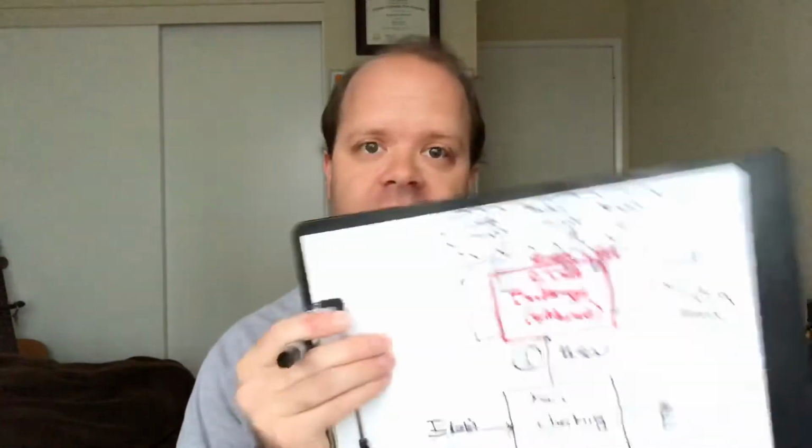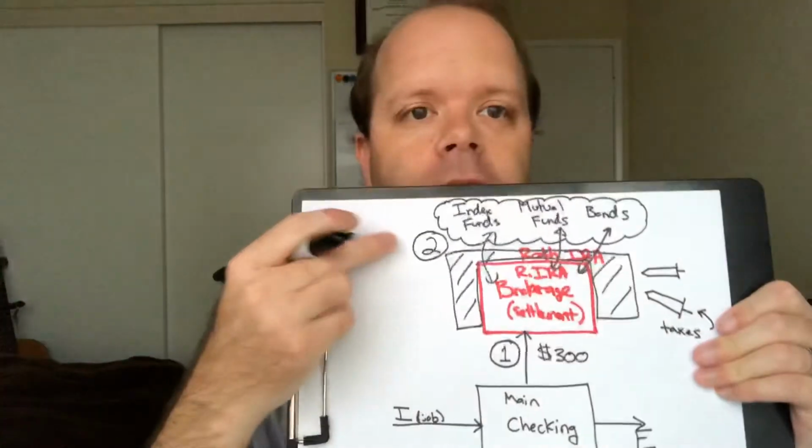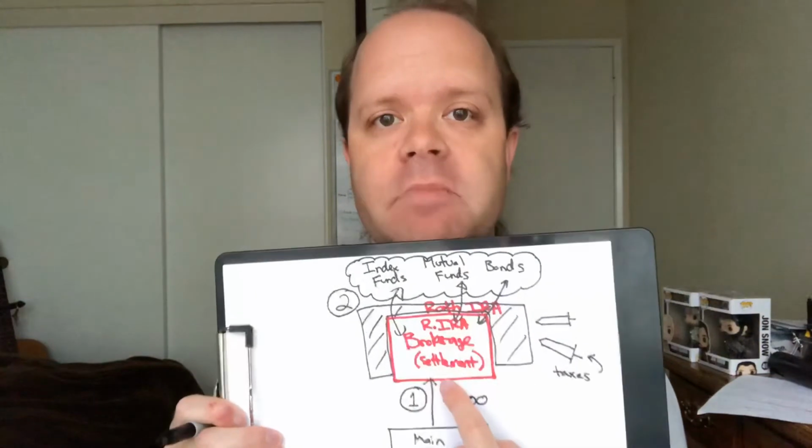This process here, by the way, when I show you, is going to all happen within just a couple of clicks. But this process up here, which will be step 2, the act of buying the actual shares, that's when the investment happens, not putting money into the settlement fund.